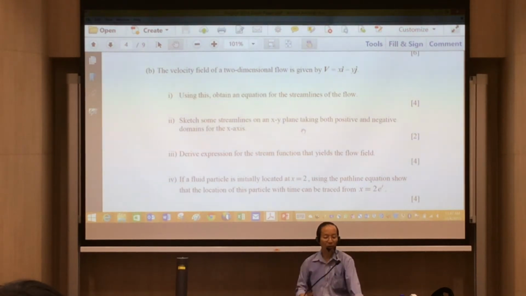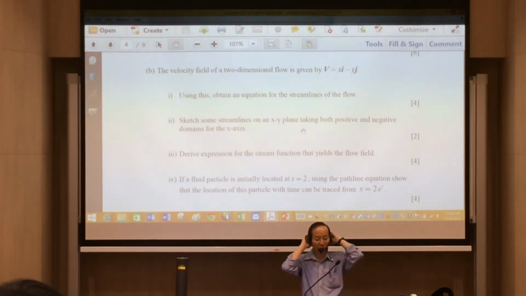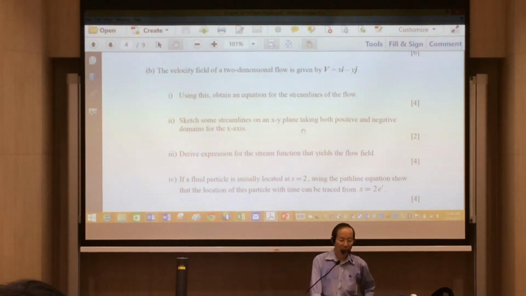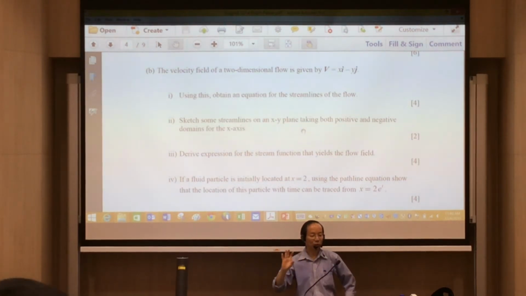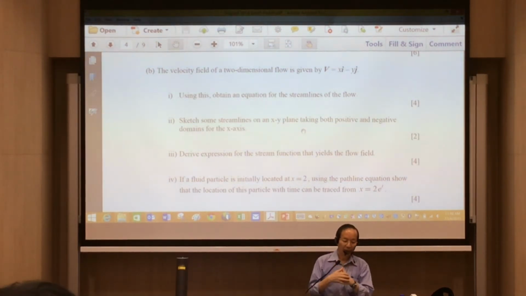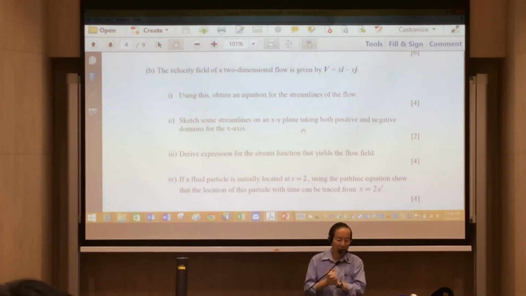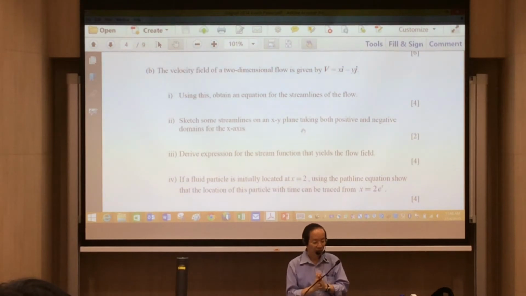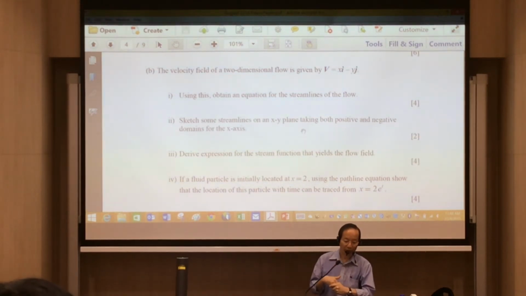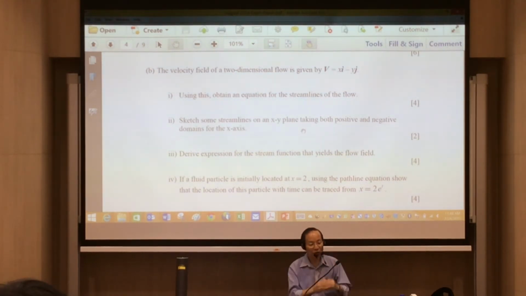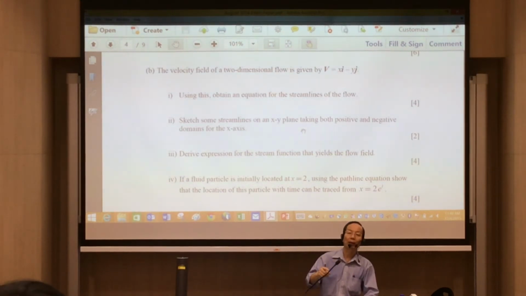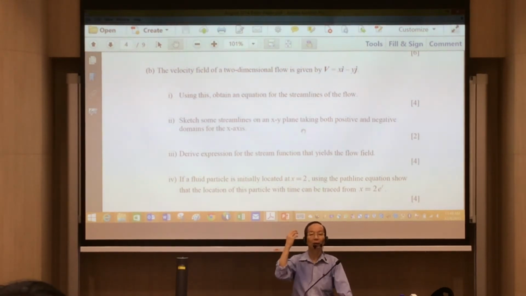First, using this, obtain an equation for the streamlines of the flow. Second, sketch some streamlines on an xy plane, taking both positive and negative domains for the x-axis. Third, derive an expression for the stream function and use the flow field. And finally, the particle is initially, what does that mean? Is the word initially important or not?